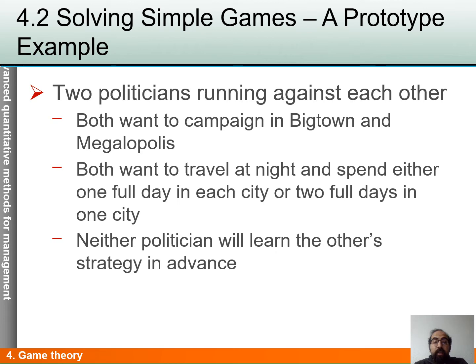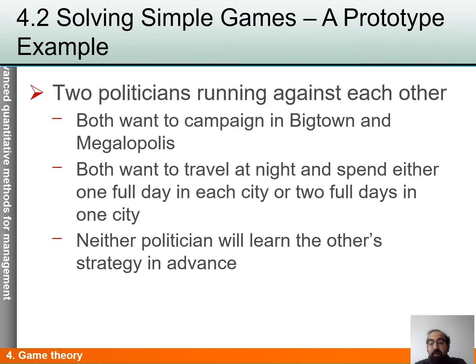Let's review the other assumption. Both want to travel at night and spend either one full day in each city or 2 full days in one city. It's talking about the different strategies that in the next slide we review more comprehensively. And neither politician will learn the other's strategy in advance.